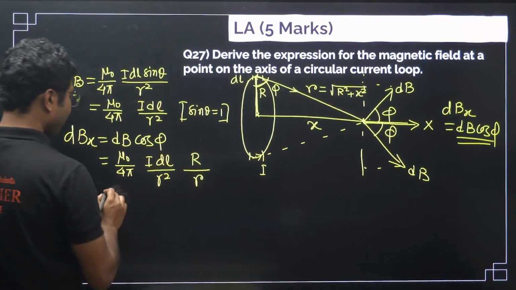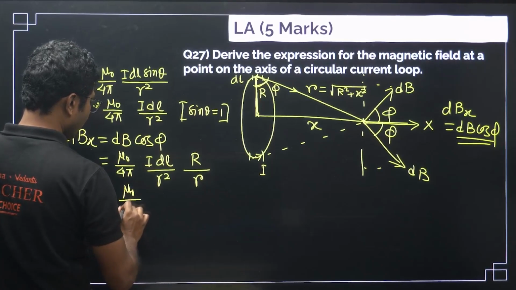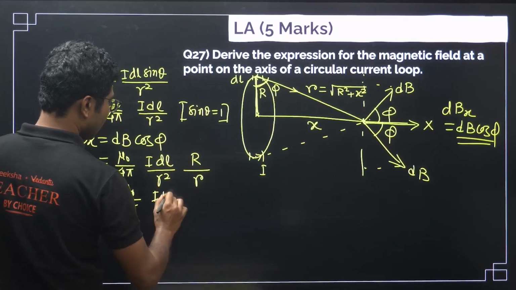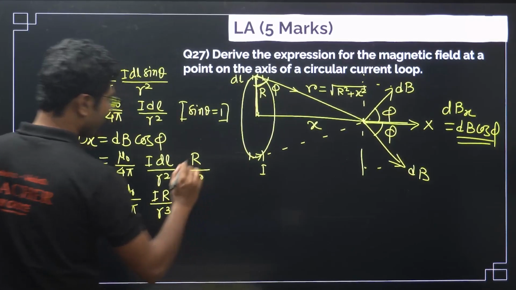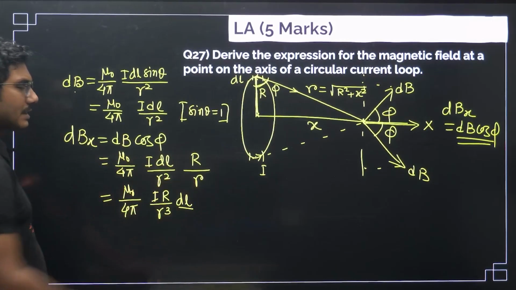Now, let us simplify this. From here we get mu naught by 4 pi, I r by r cube dl. Now, as you can see, everything is constant except this dl.